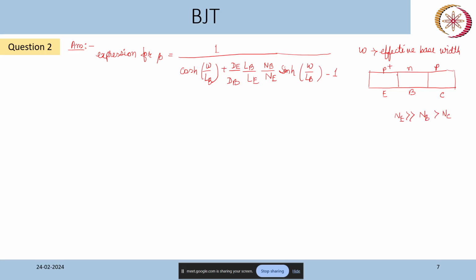Because Ne is much greater than Nb, the depletion region here will be very small. We can neglect that, so this will be the depletion region in this P+N junction, and the depletion region will be like this. The depletion region will be more on the collector side because the doping concentration is less. This is the width of the base, suppose XB, but the effective base width is this W.